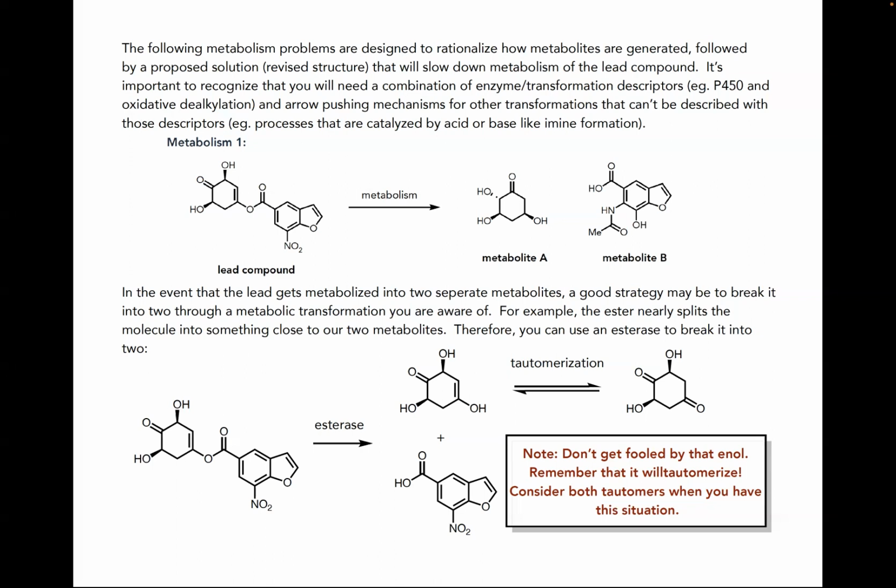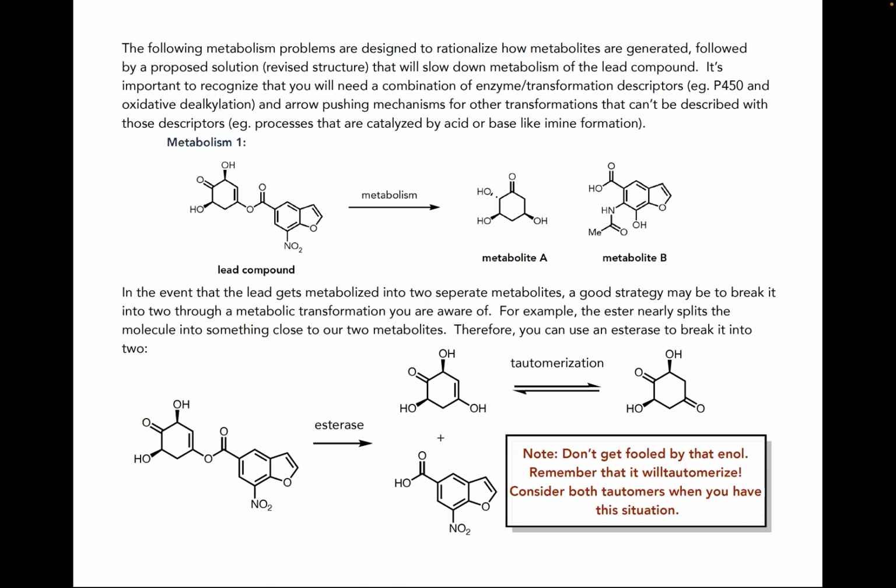So if you head to the bottom now, we have the starting lead compound, and after it approaches an esterase, that can break that carbon-oxygen bond and ultimately perform hydrolysis of that ester. And so what you end up with is the top and the bottom structures right in the middle. But something that you're going to also have to keep in mind as you do this is the structures that you generate, whether or not they're going to be stable as is.